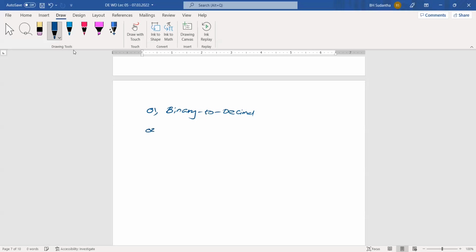Binary to decimal, and then BCD to decimal, and then binary to gray. Likewise, many types of non-standard decoders are available. Okay, but today we are going to discuss a different type.